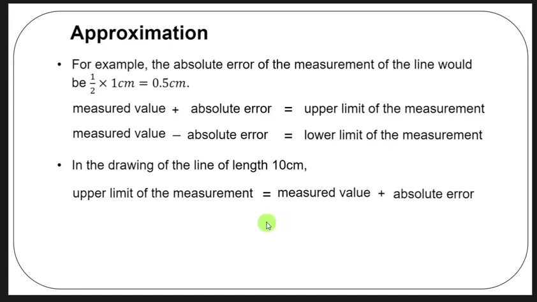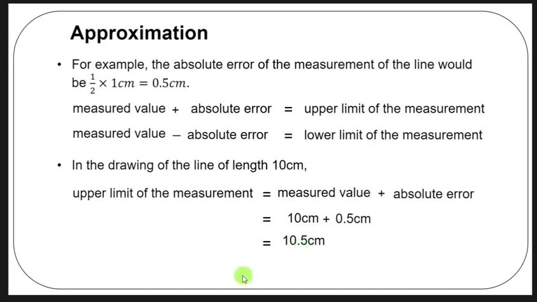In this case, the measured value that a person thinks they have measured is 10 centimeters, then plus the absolute error of 0.5 centimeters. Then when they add these, they'll get 10.5 centimeters. So 10.5 centimeters becomes the value by which they can go beyond the actual value, and if they go beyond the actual value by this, then that error is actually allowed.